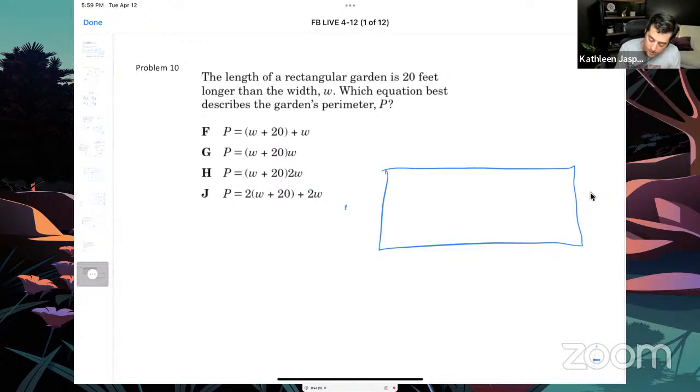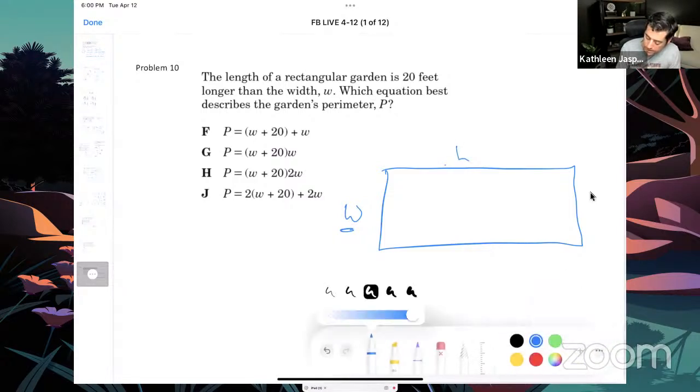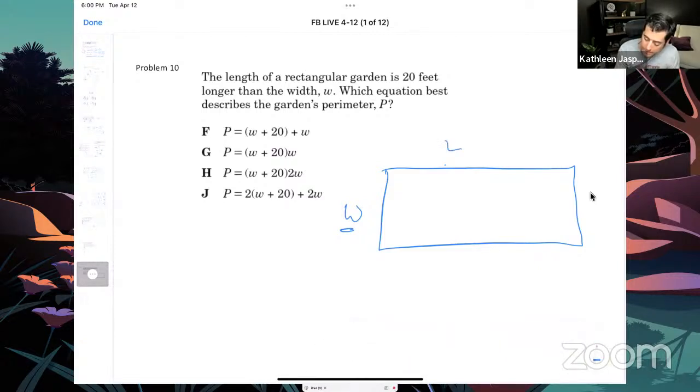And it says length and width. So let's make this width. Let's make this length. It says the length of the rectangular garden is 20 feet longer than width. Well, if I have width as W and I've got length as L, then, because 20 more than is, I take my W and do 20 plus W, right?